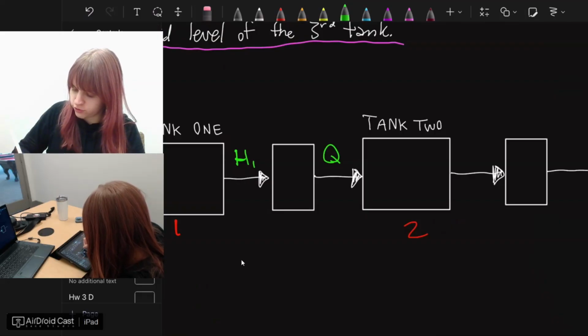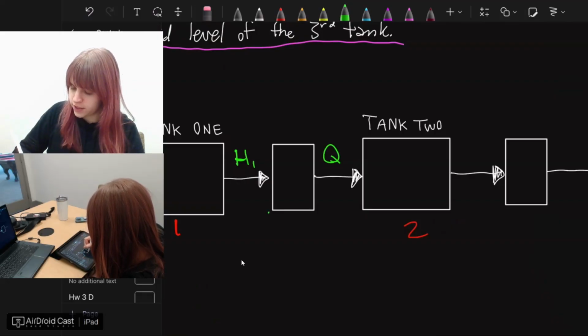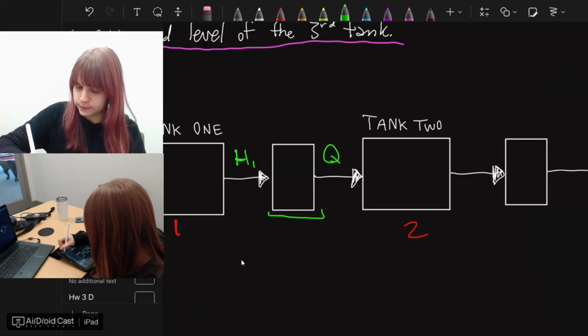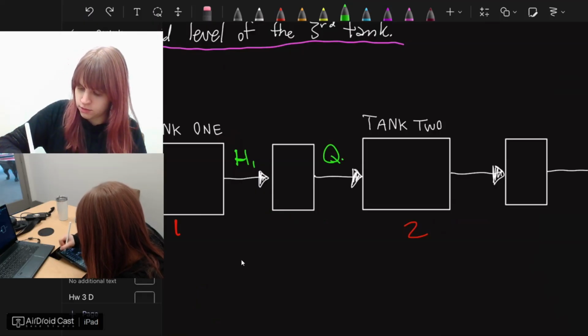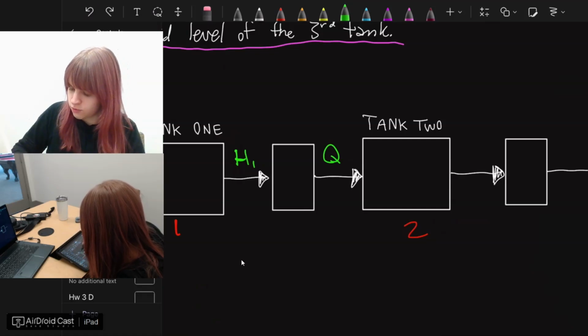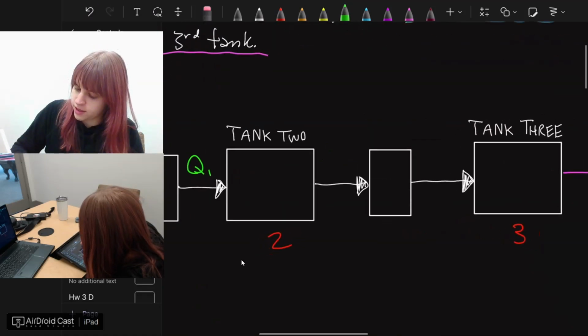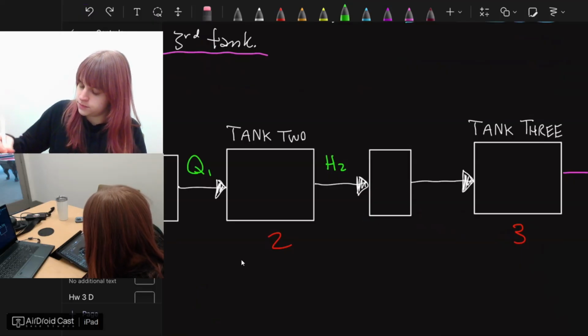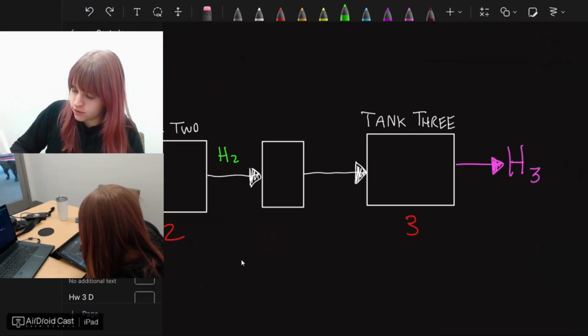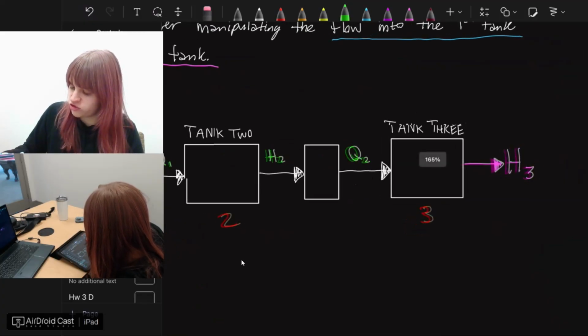After it goes through this right here, which we'll talk about later, it's our Q in to tank 2, so that's Q1. Similarly, coming out of tank 2, H2, same thing there. Eventually it is the Q into tank 3, which is Q2.